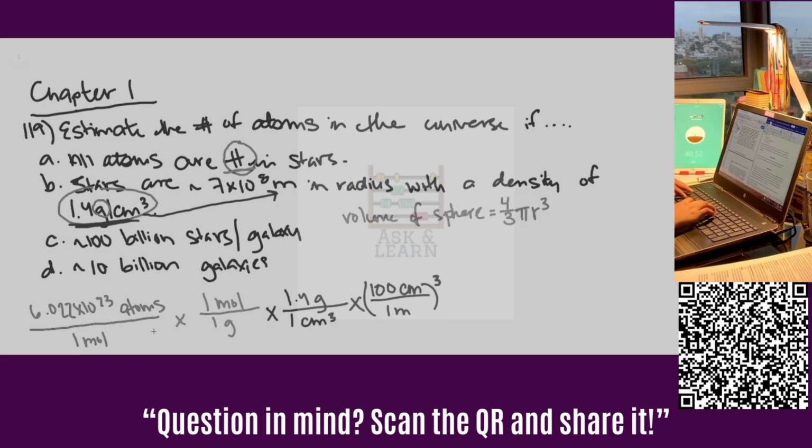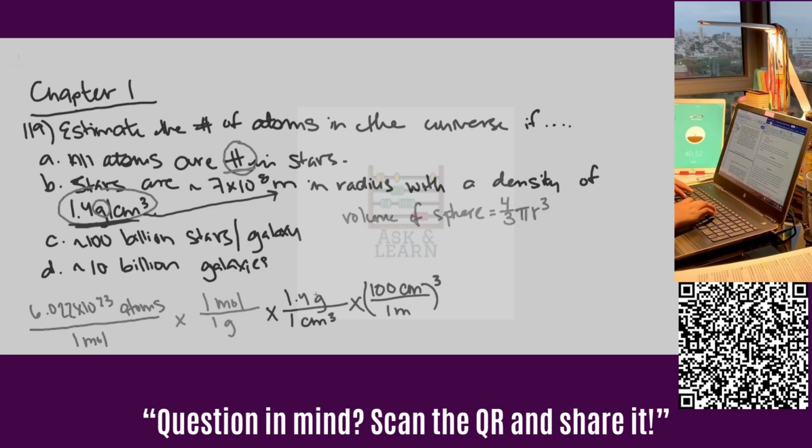So what we've done so far is we've converted from number of atoms per mole of hydrogen to number of atoms per gram of hydrogen, using basically the molecular weight of hydrogen, knowing that there's 1 mole of atoms per 1 gram of hydrogen atoms.